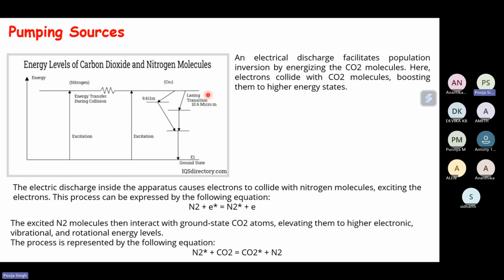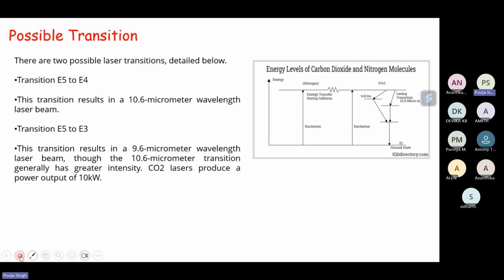And once it goes to the ground state, another photon is released. These are the possible laser transitions: E5 to E4, and E5 to E3. The emitted laser light will have a wavelength of 10.6 micrometers.